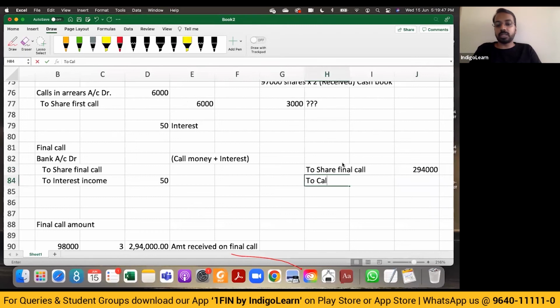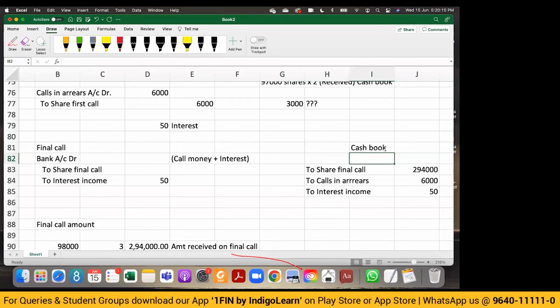Then you will have calls in arrears, 6,000, what you have received. This calls in arrears of 6,000 is nothing but what was not paid in the previous call, which is being paid now, and to interest income, which is 50. This will come in the cash book.